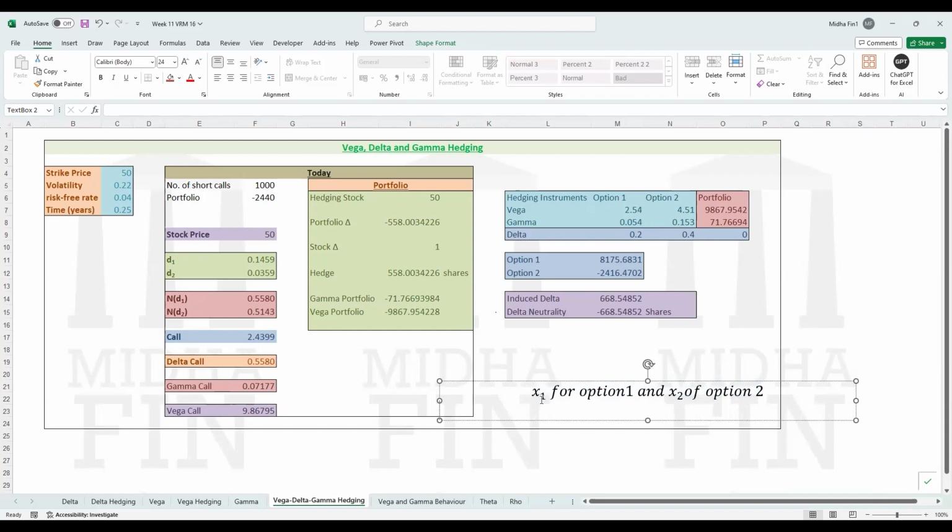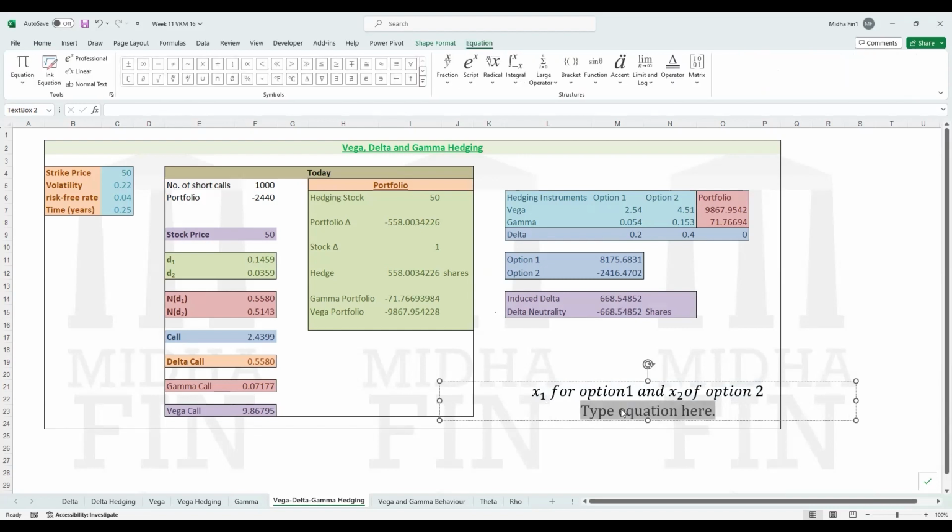You can name them X and Y also, because linear equations are usually more understood in that case. Now, first we will neutralize vega. My existing vega is minus 9867.95, for instance. Then I add 2 hedging instruments: plus 2.54 times X1 plus 4.51 times X2.